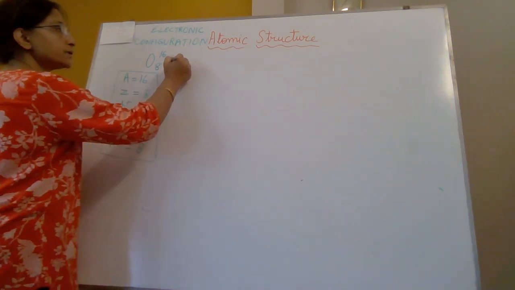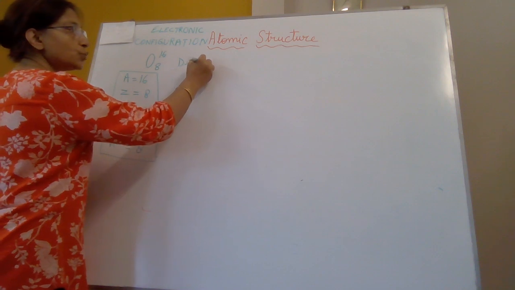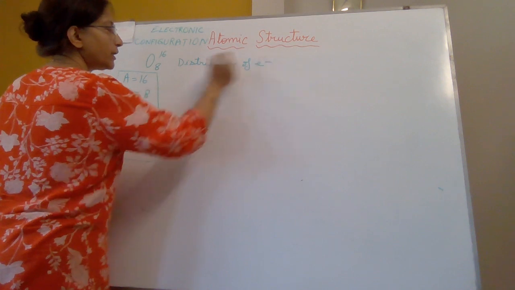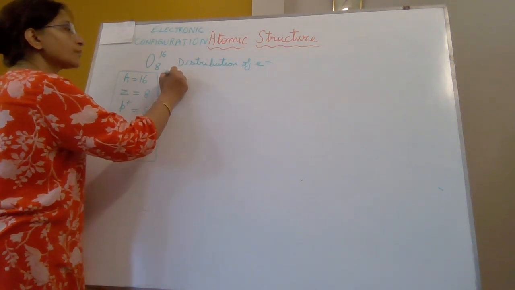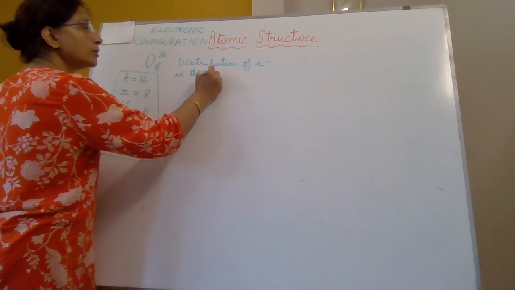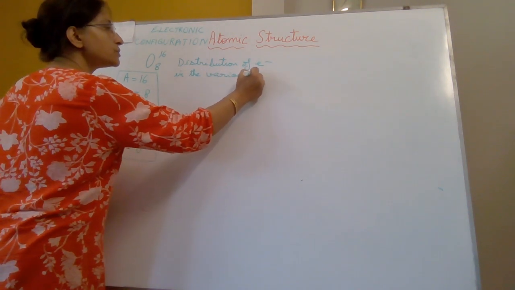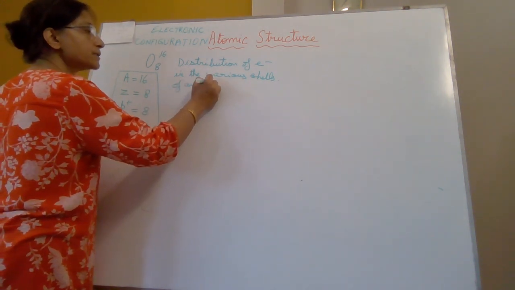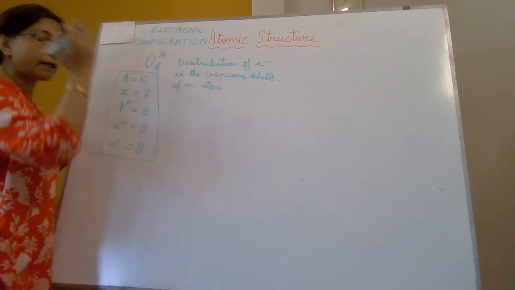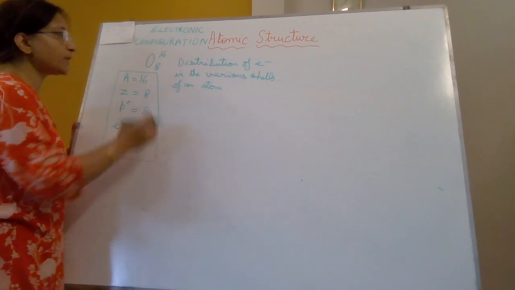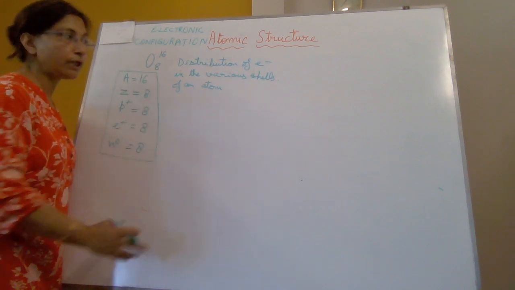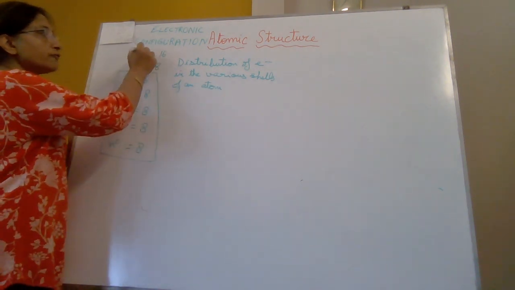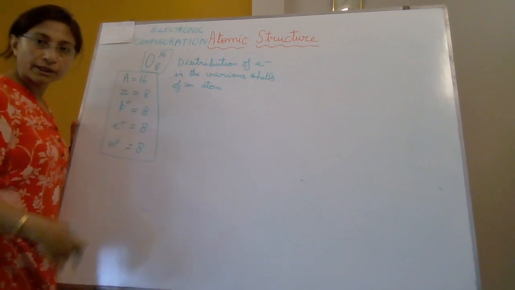Electronic configuration is the distribution of electrons in their various shells. In the various shells, of what? Of an atom. How the electrons will be distributed in the various shells of our atom, this we call as electronic configuration.